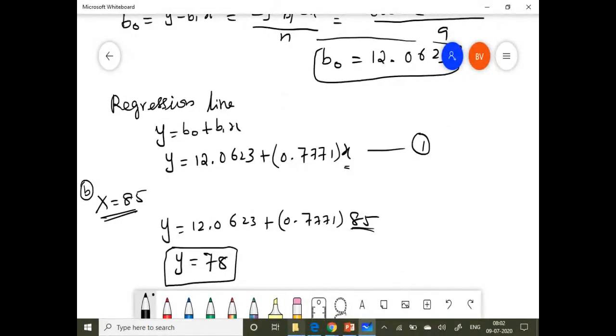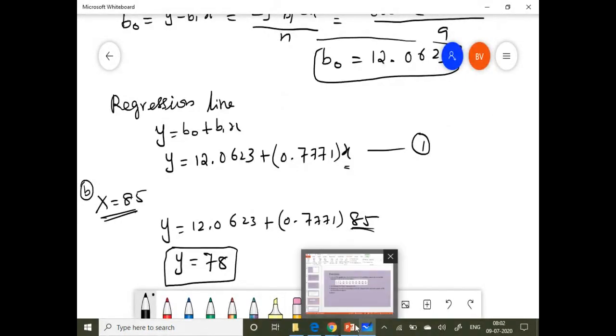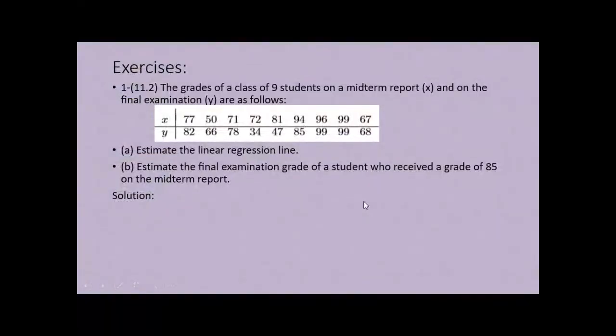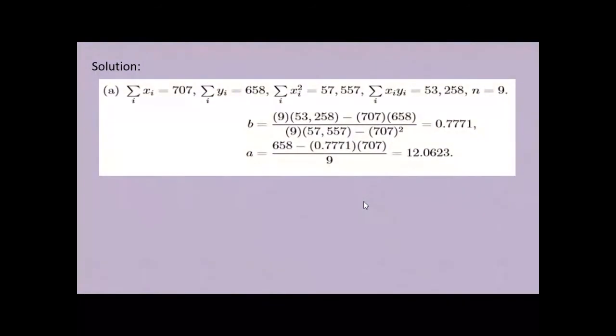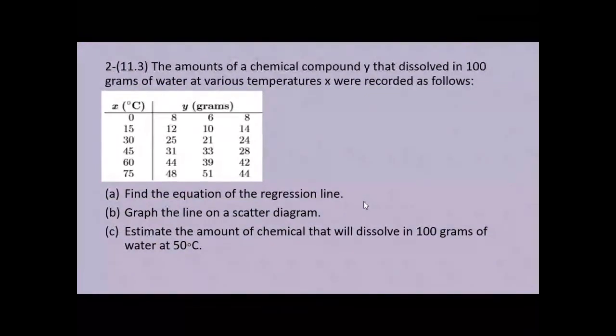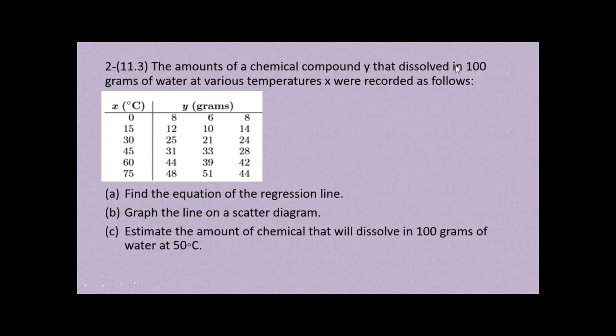Let me check what's the next problem. That's been solved here. Next problem. The amounts of a chemical compound, Y, in grams, dissolved in 100 grams of water at various temperatures, X, were recorded as follows.